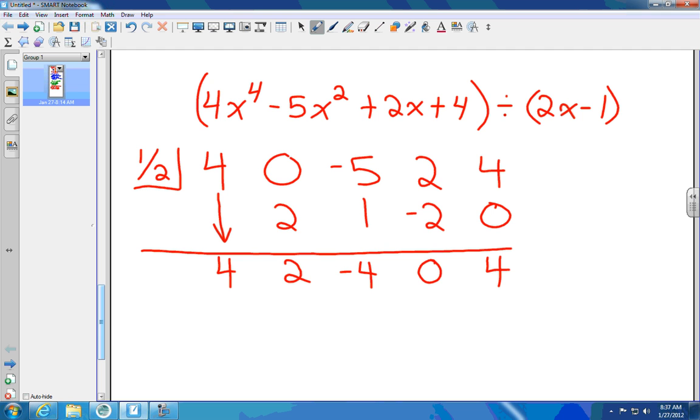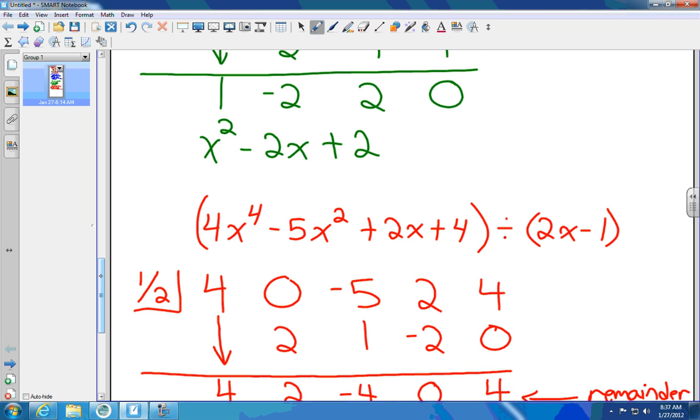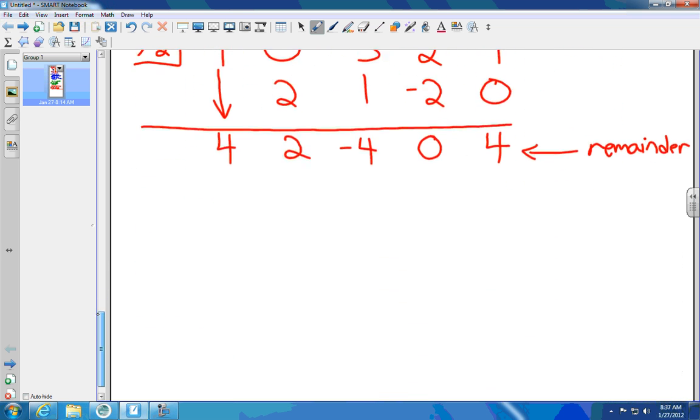So we do have a remainder here, and this is where some get confused because they think that's just the last term, that's the 4. Just like we had up here, they think the 4 would be that number. That is not the case. You've got to realize that is a remainder.